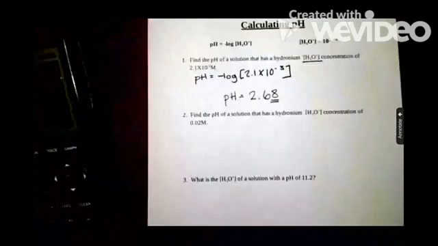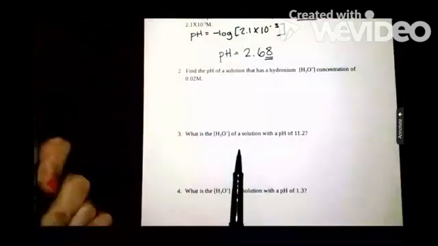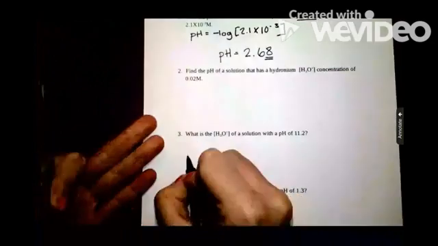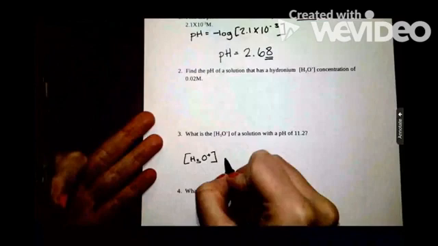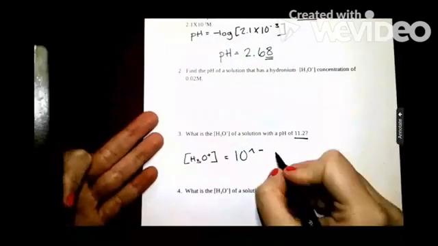To find the hydronium concentration, we'll skip down to number 3. What is the hydronium concentration of a solution with a pH of 11.2? H3O plus is going to equal 10 to the power of the negative pH, so negative 11.2.